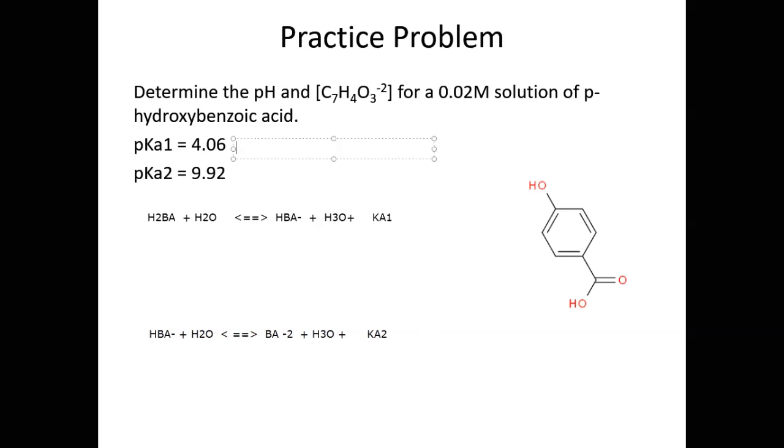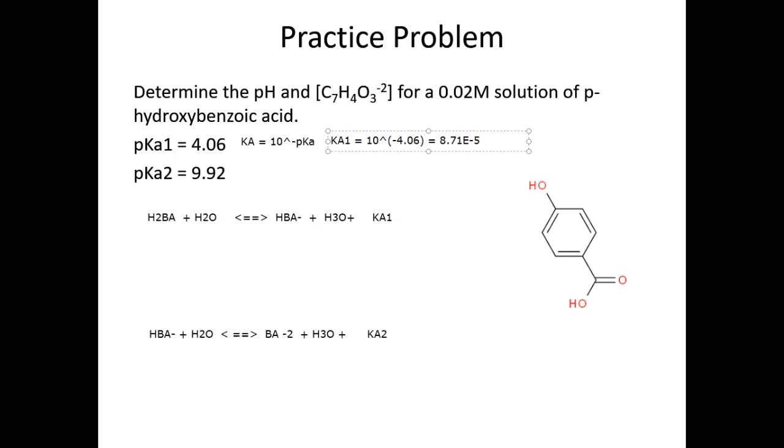So the way we go from pKa to Ka is Ka is equal to 10 raised to the negative pKa. So to find the Ka1 equals 10 raised to the negative 4.06, which equals 8.71 times 10 to the negative fifth.